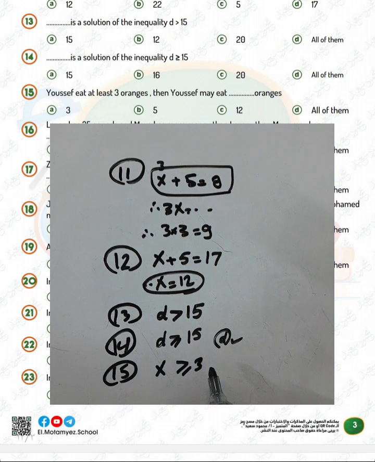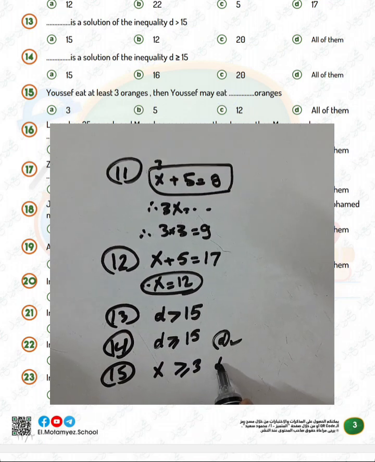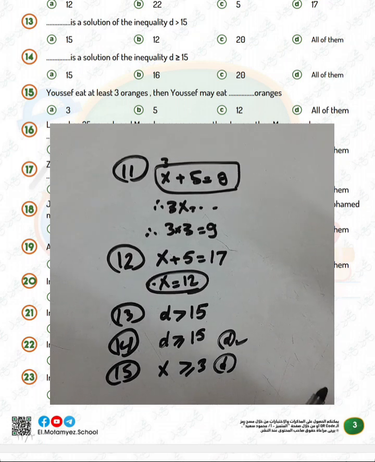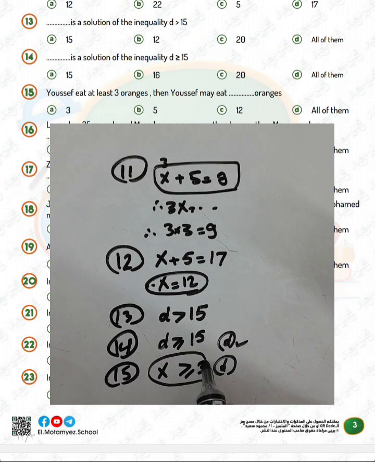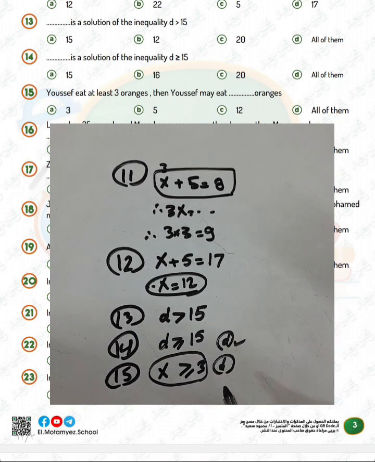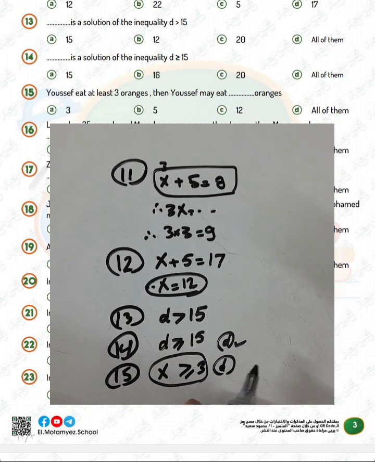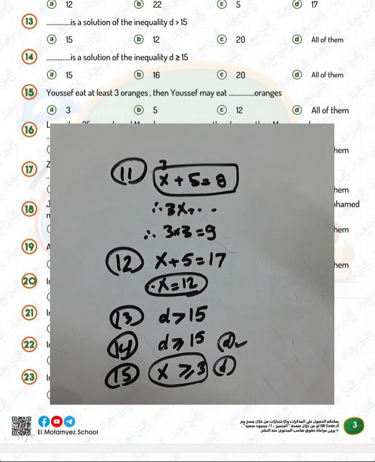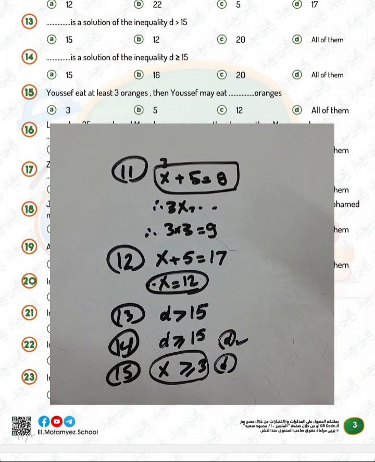So we have 3, 5, 12, all of them. Choose all of them about question 15, because Yusuf ate at least 3 oranges. If we convert this verbal word problem to an inequality, you must write x greater than or equal to 3, because he tells us in the example Yusuf ate at least 3 oranges.